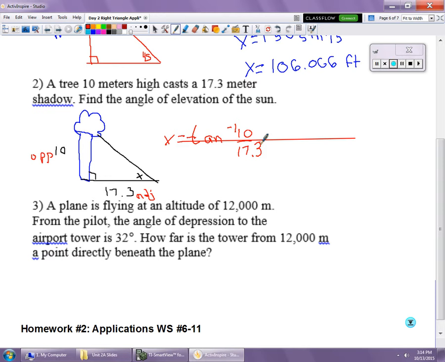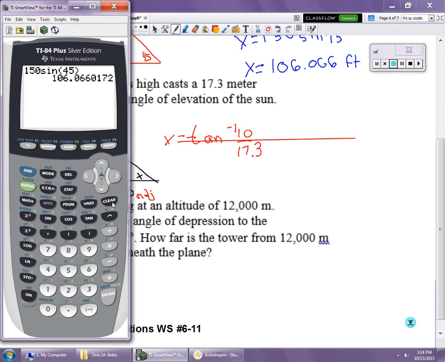Okay, so go back to your calculator. Find tan inverse, second tan of opposite, which is 10, divided by adjacent, which is 17.3. I have an x parentheses here, which probably wouldn't cause problems, but I'm going to delete the whole thing.